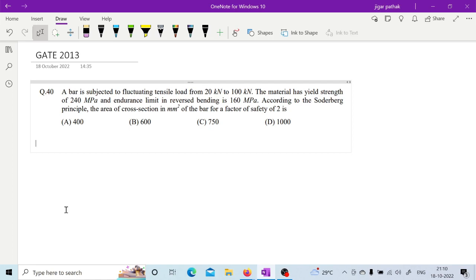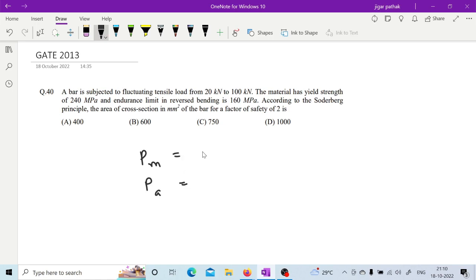Yes, sir. So you can calculate the mean force and amplitude force: P max plus P min by 2, that is 60, right? And 100 minus 20 by 2, that is 40 kilonewton. Yes or no? Yes, sir.